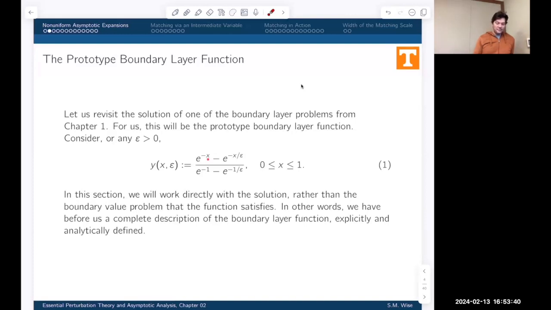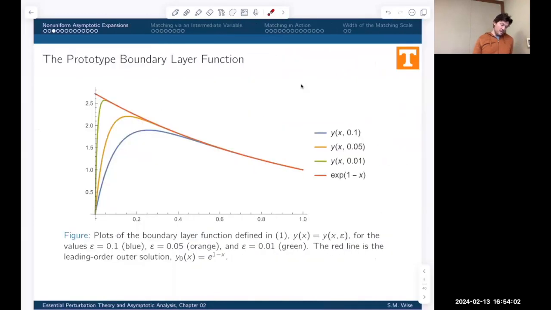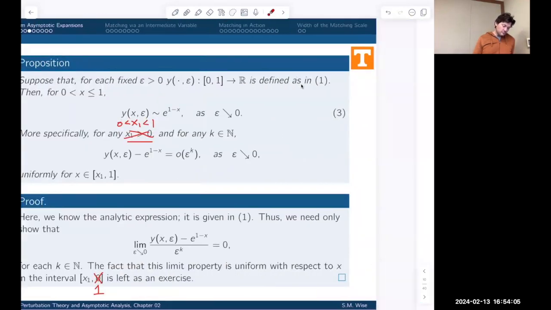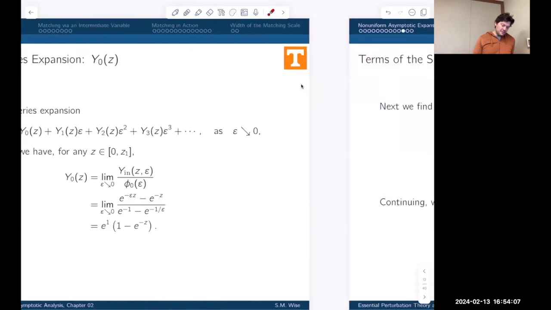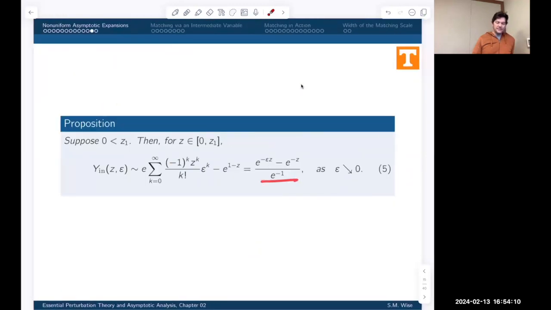If I plug in x equals 1, I get e to the 1 minus e to the minus 1 over epsilon, and then divided by exactly the same thing in the denominator. So clearly 1. And if you put in x equals 0, you clearly get e to the 0 minus e to the 0, right? Which is 1 minus 1. Okay. Okay, so I'm just trying to keep it in the form that is closest to that original function.